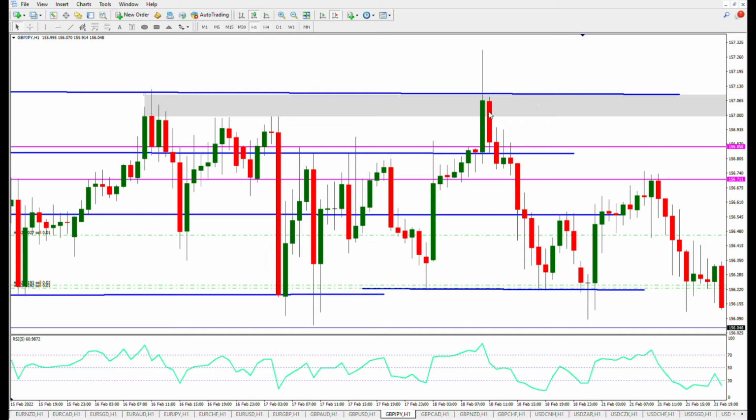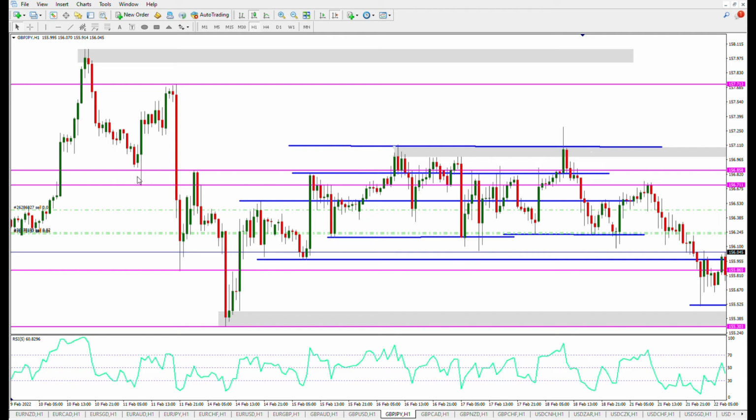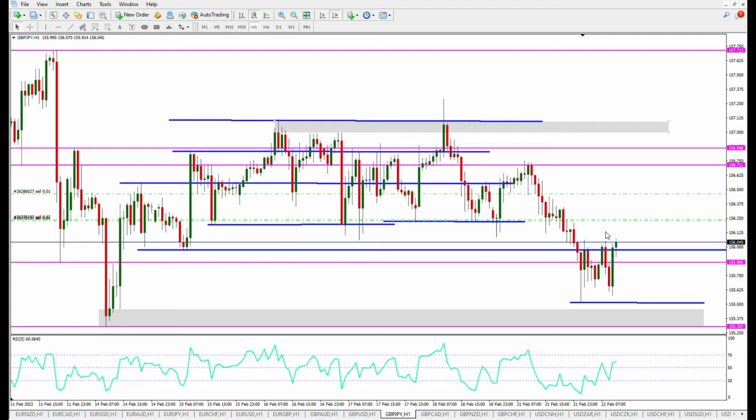Then it went crashing down again, then it did that pullback we told you about, that we were expecting, which retested this support. It became resistance in future, then it went down, all the way down. So that's it for now.